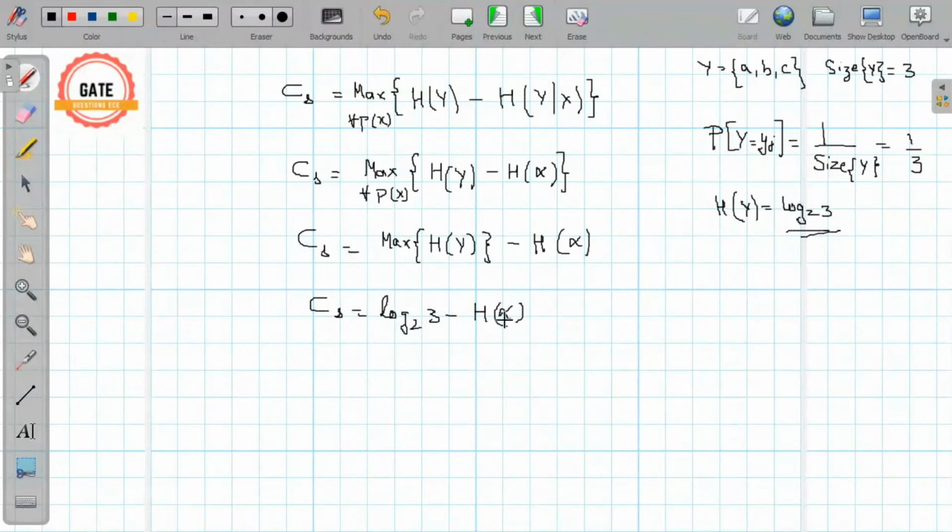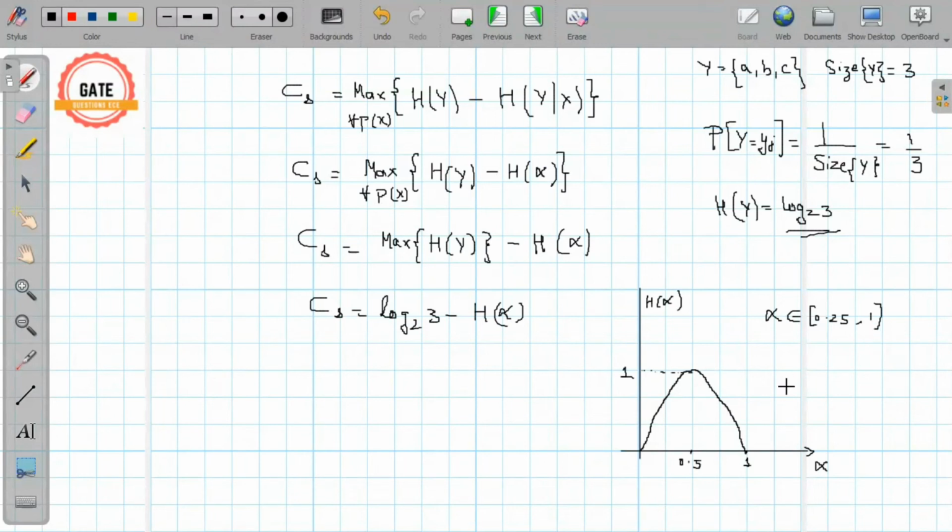And if you plot this entropy function, we know its diagram will be like so. This is the diagram for H of alpha. In our question, it is given that alpha belongs to the range 0.25 to 1. So this value is 0.5, and half of it, here, is 0.25.